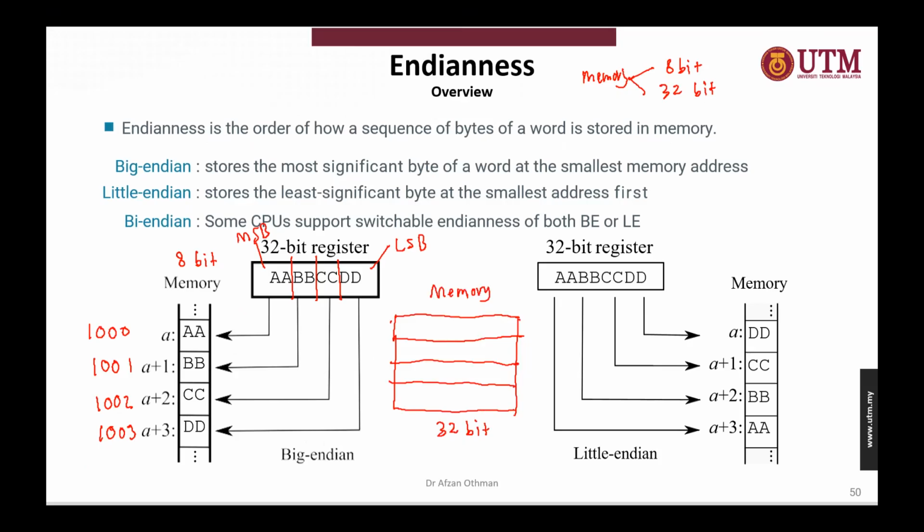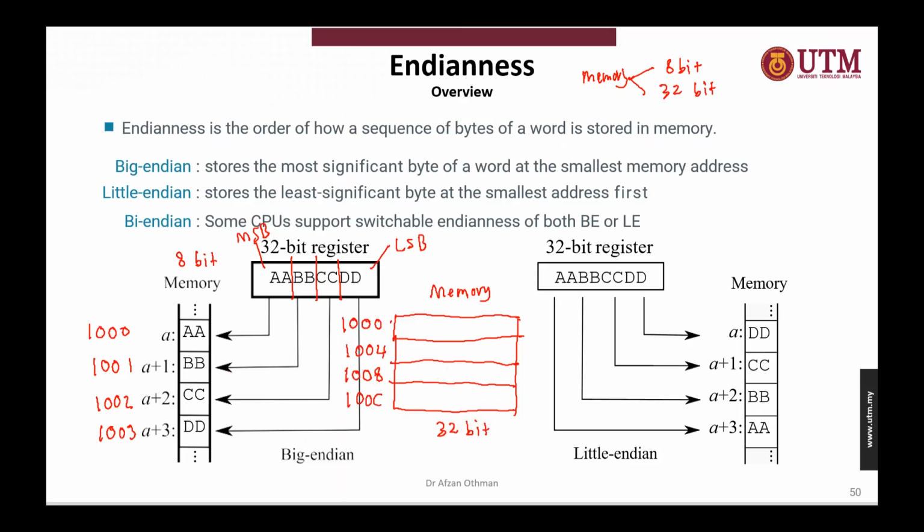Here, let's say this is a memory address of 1000, and the next address will be 1004, then 1008, and then followed by 100C. Why is that? Because for 32-bit, how many bytes do we have? 4 bytes.